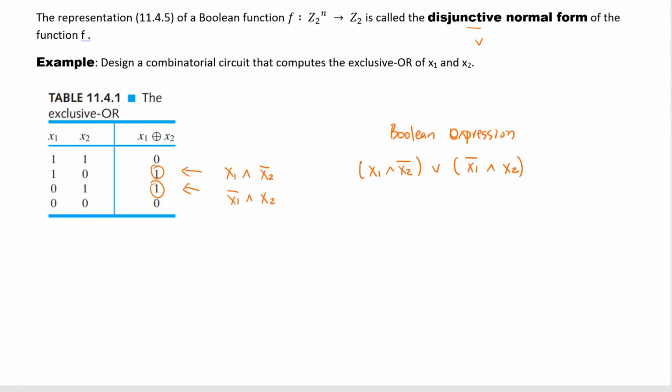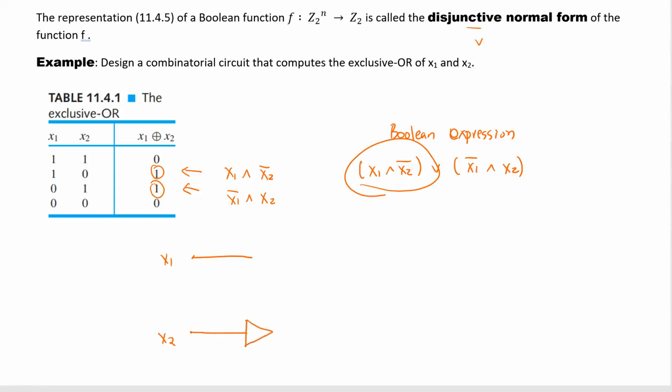With the Boolean expression, we can use a combinatorial circuit to express this exclusive OR. How does that work? We start with x1 and x2, and let's look at x1 and not x2.